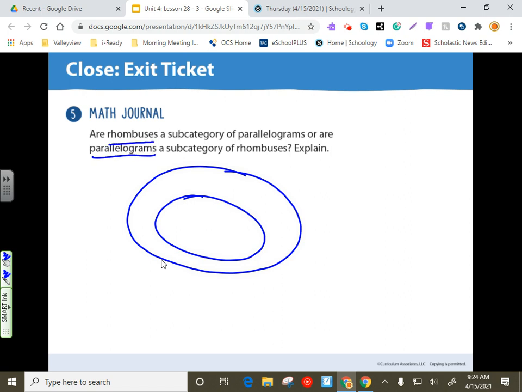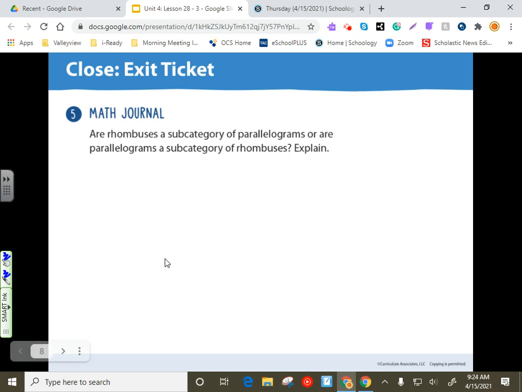A parallelogram just says a shape that has 2 pairs of parallel sides. And a rhombus is something that has 2 pairs of parallel sides, but all sides are equal. So since I had to add more details to the description of a rhombus, that will go inside here. And my parallelogram will go on the outside because it's more general.